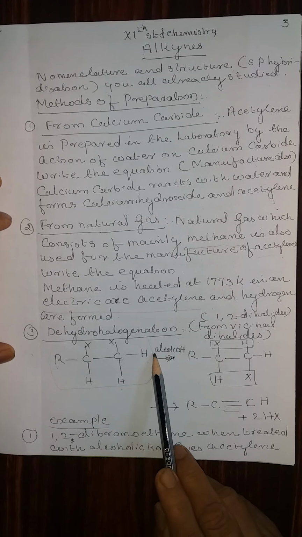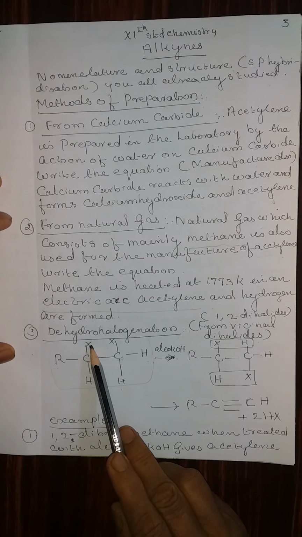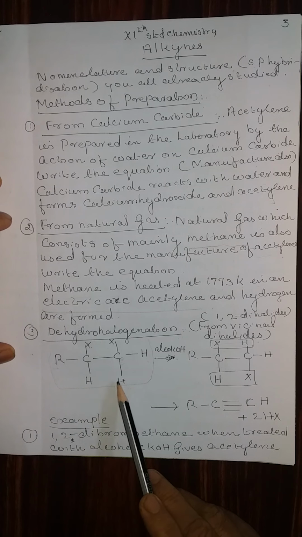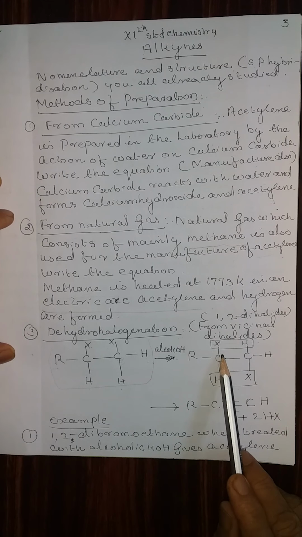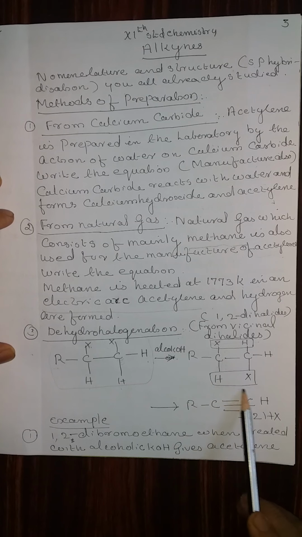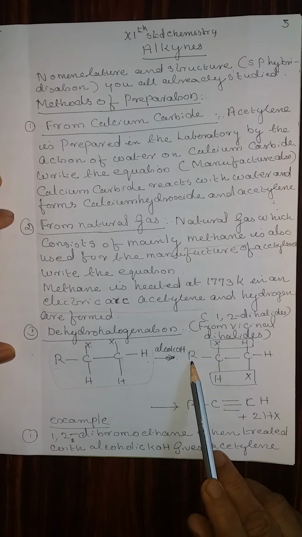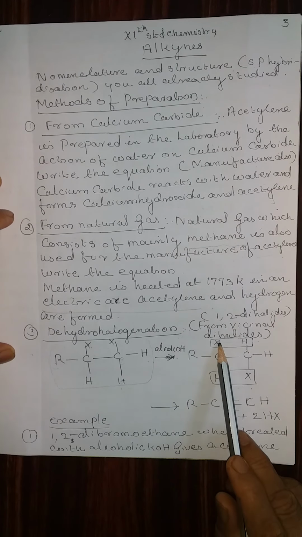When it is treated with alcoholic KOH, each halogen is eliminated as a hydrogen halide. For example, in order to understand how the elimination of HX occurs, the structure of the vicinal halide can be written like this also. That is, R-C-X, next to it hydrogen.